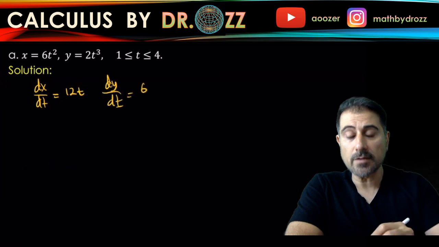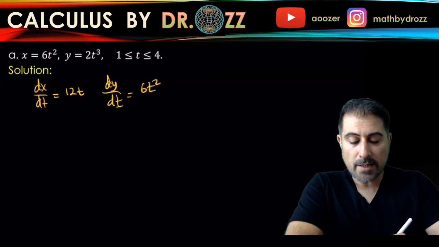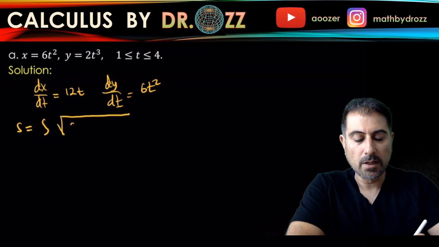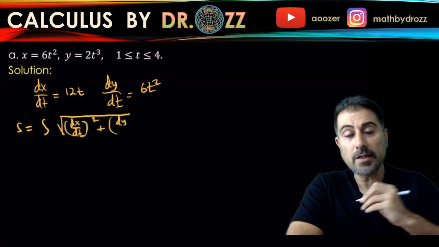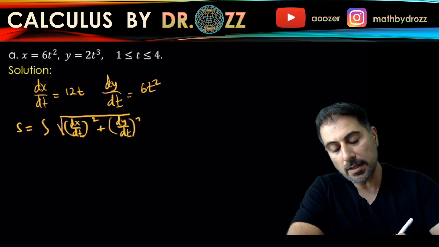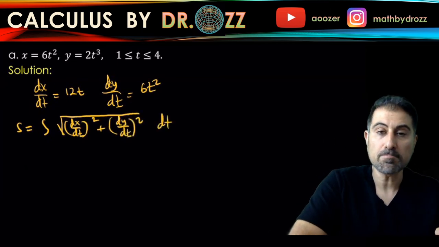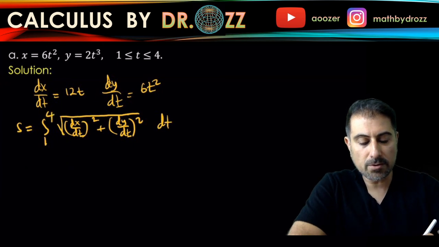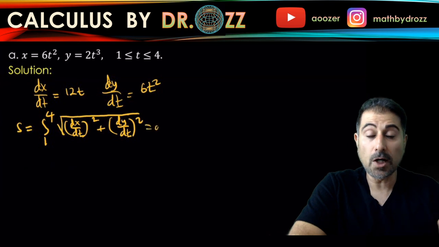I'm going to write down the formula for the arc length. So it's the integral of the radical of dx over dt squared plus dy over dt squared, dt, and here the lower limit is going to be 1 and the upper limit is going to be 4. What I'm going to do next is plug in dx over dt and dy over dt.